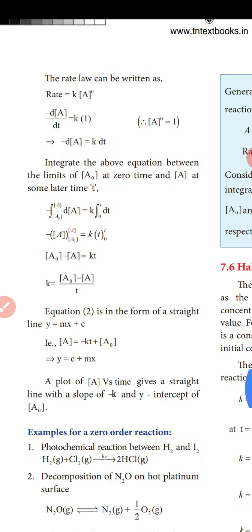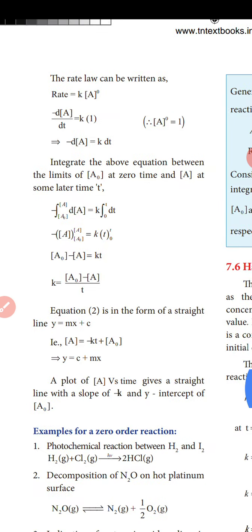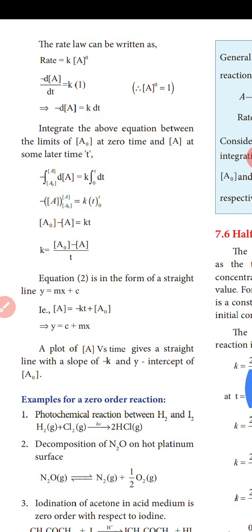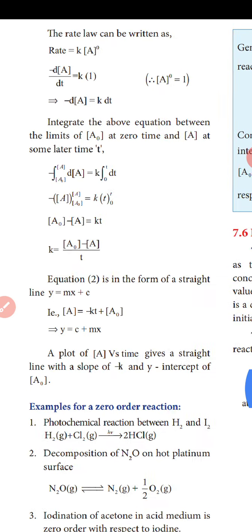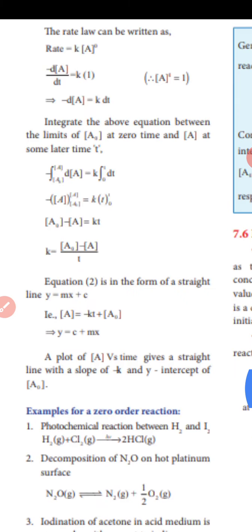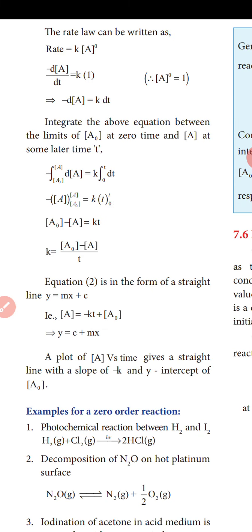Equation 2 in the form of a straight line, y is equal to mx plus c: A is equal to minus kt plus A naught, y is equal to c plus mx. A plot of A versus time gives a straight line with a slope of minus k and a y intercept of A naught.